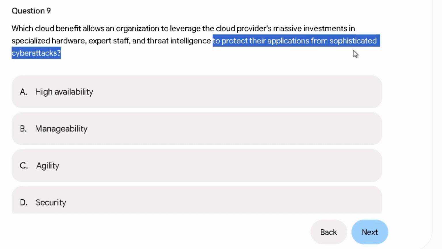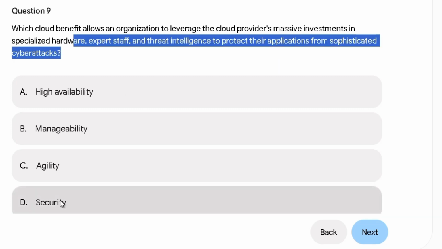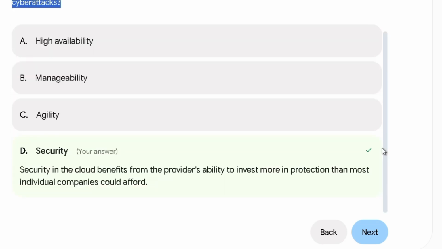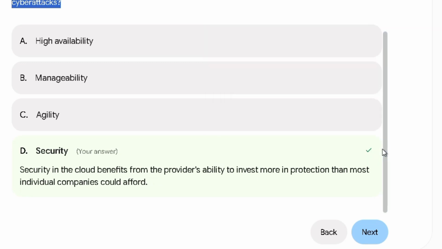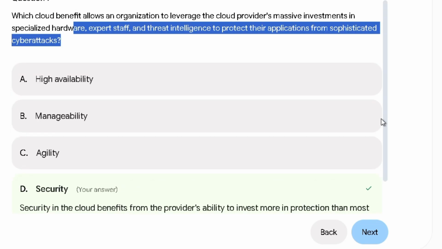They're asking to protect applications from sophisticated cyber attacks, and especially software, so that'll be some sort of security. So we're going to select security, because for manageability, they're not asking us to manage anything. They're not asking about agility or high availability. Security benefits from the provider's ability to invest in more protection than individual companies could afford.